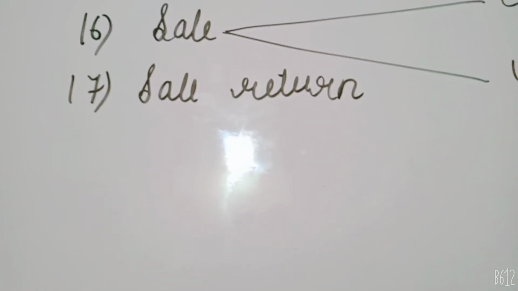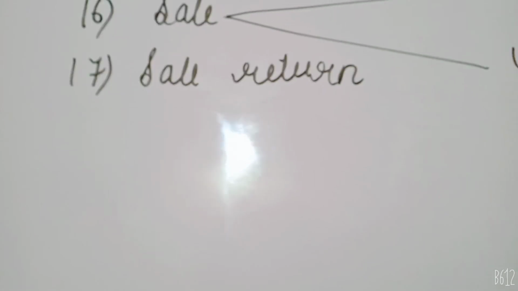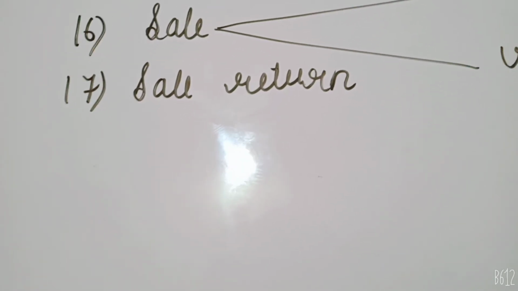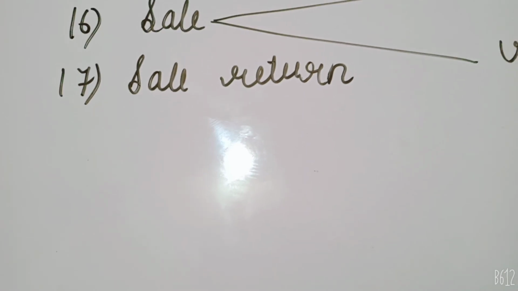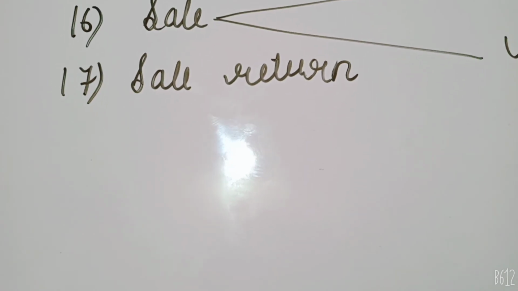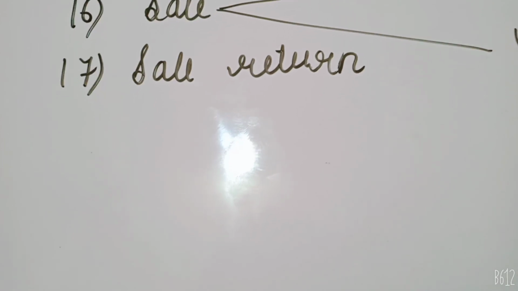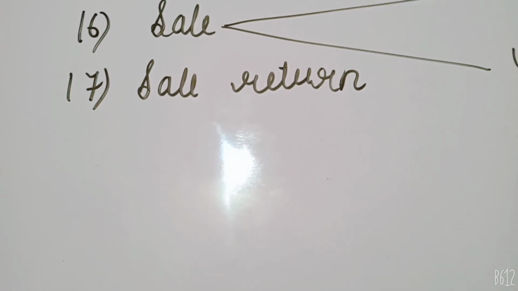So the next term here is sale return. The goods which we sold to the customer, if that customer returns them to us for any reason, let's consider it as defective or it can be any reason, that will be termed as sale return.